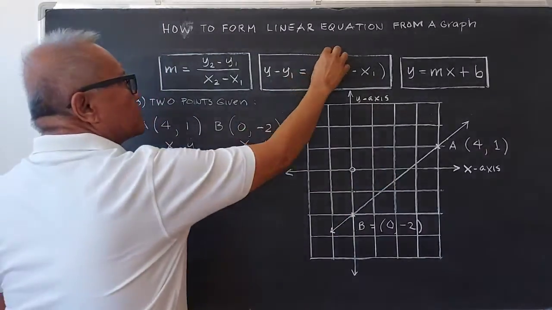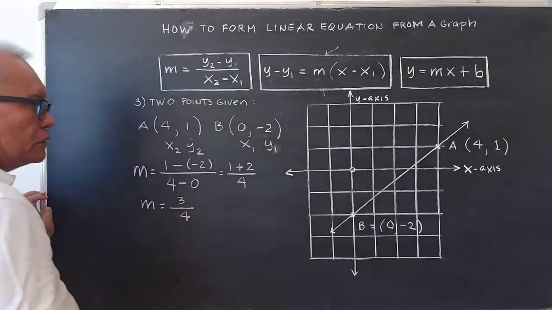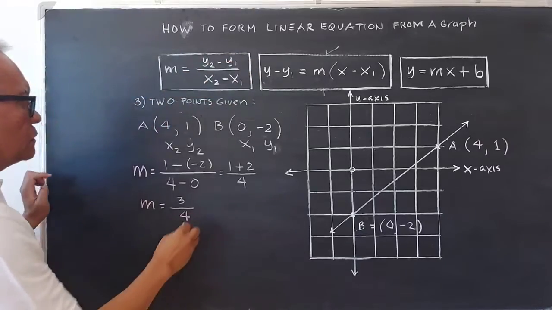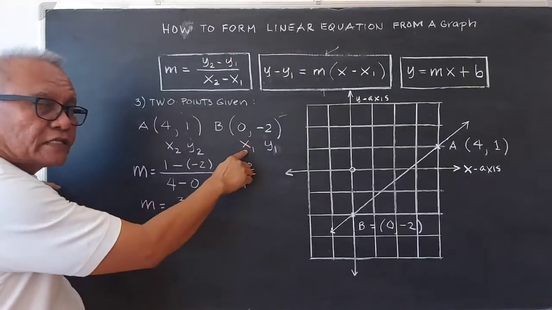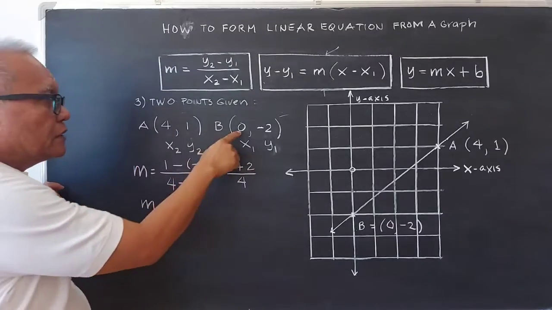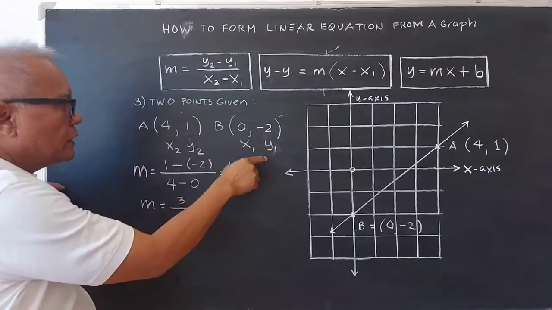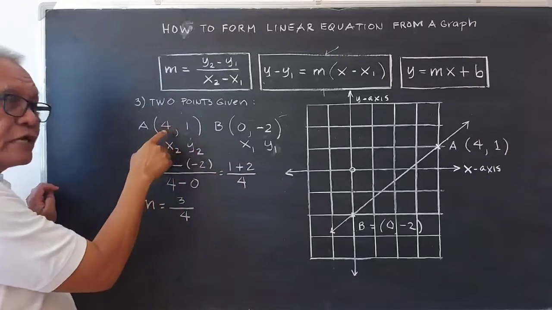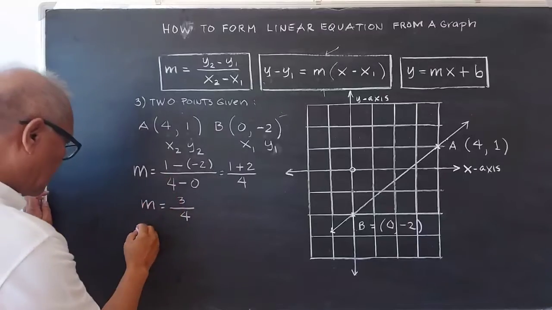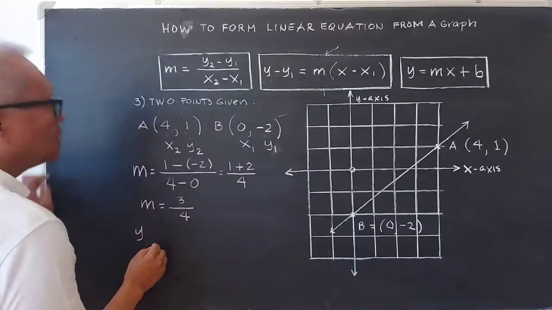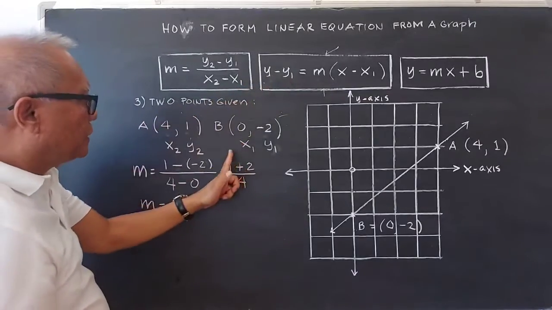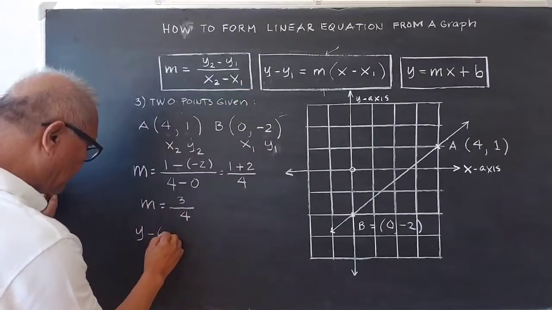So let's use this formula now to get the equation of that line. So we have y. Now just use this one because we have already the x sub 1, y sub 1. But you can still use this one. If you don't want the 0, negative 2 for your x sub 1, y sub 1, then use this form as your x sub 1 and the y as your y sub 1. So y, copy the minus, minus y sub 1 here is negative 2.